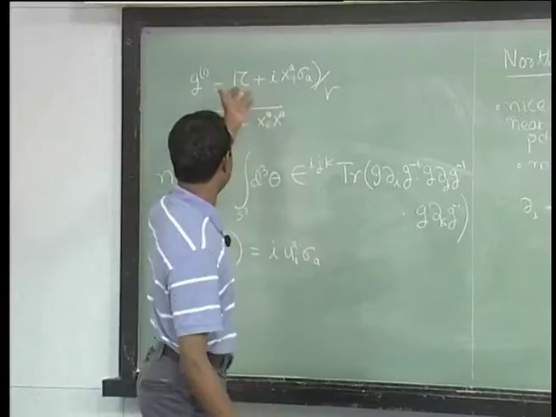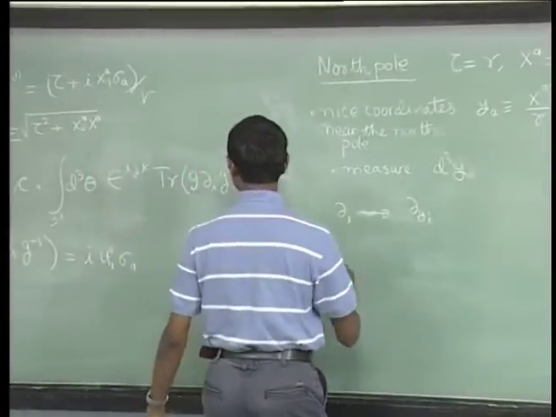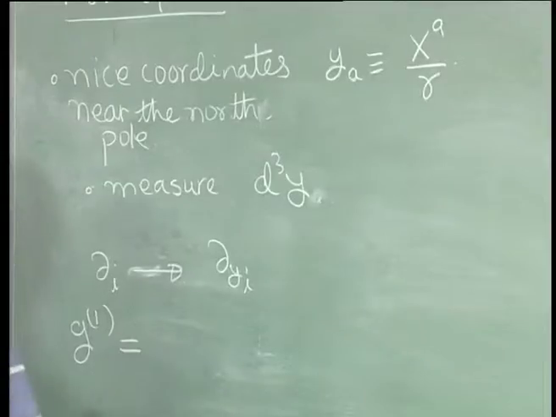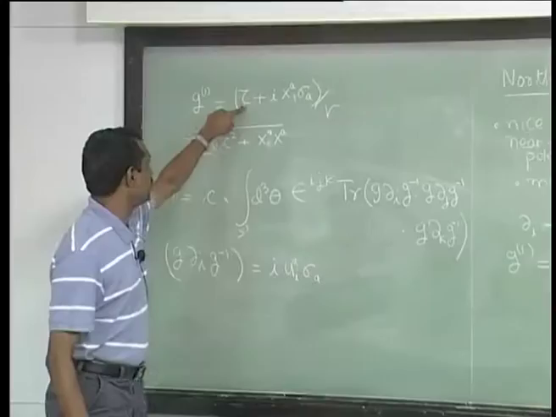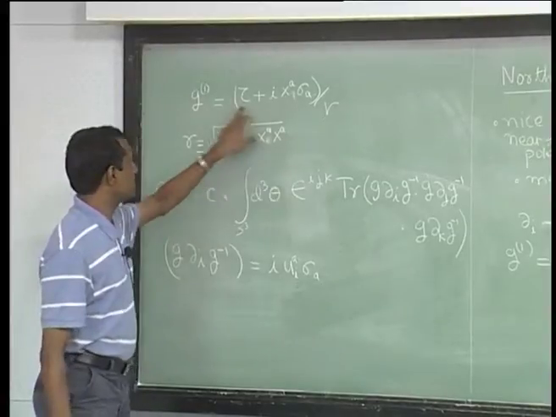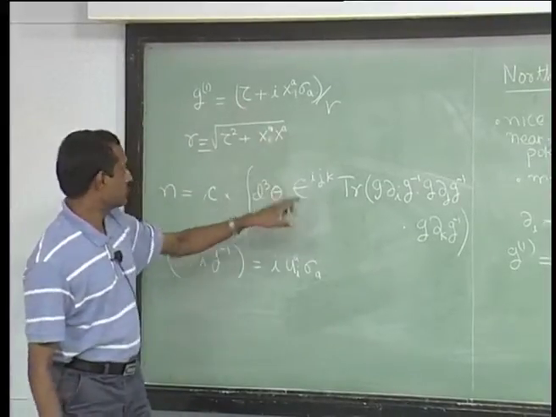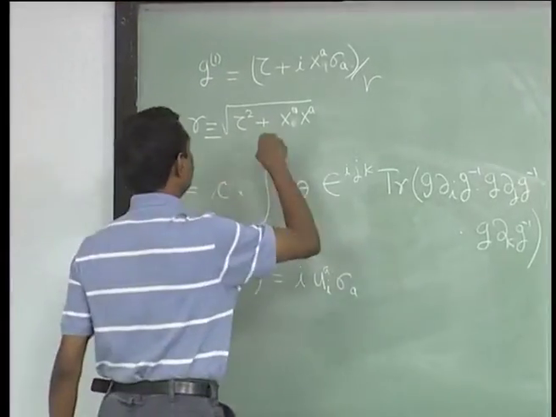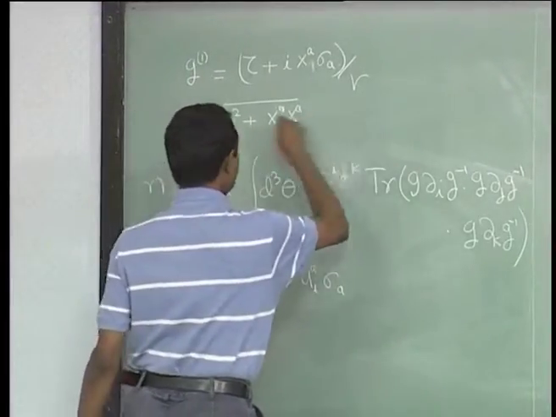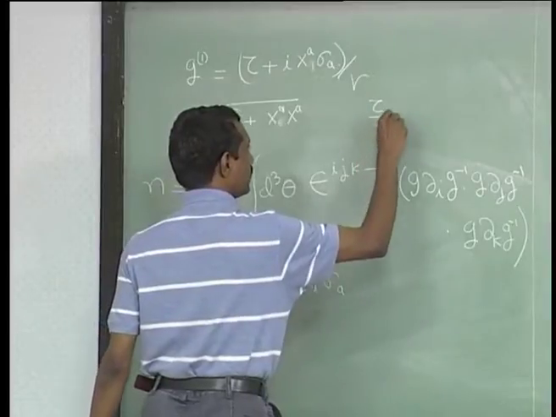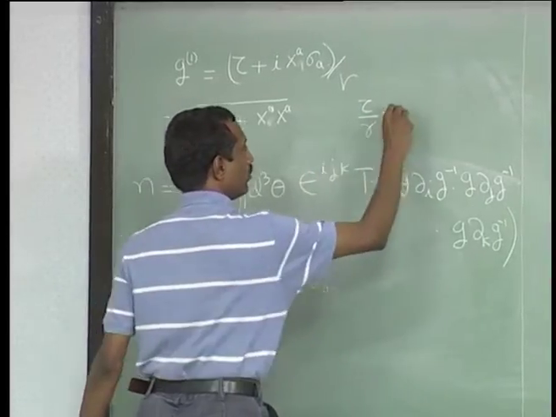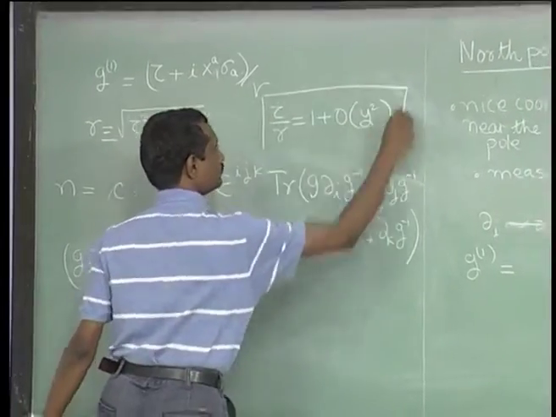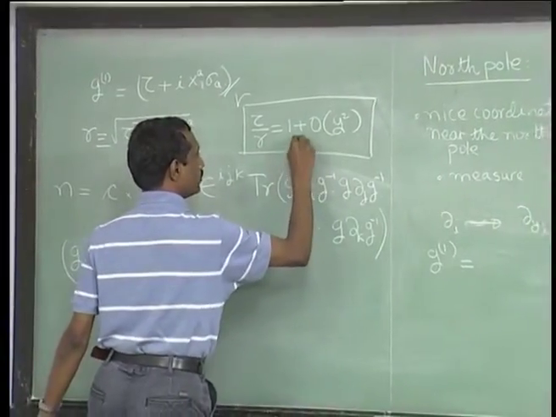Now we can look at this and you see that g1 in this coordinate system would be tau by r, and tau by r will be equal to 1 plus order y square near the north pole.